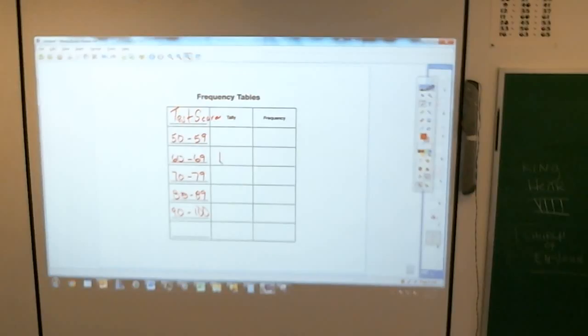Okay. I believe there are 2, 4, 6, 8, 10. There's 20 scores there, so you should end up with 20 tally marks when all is said and done. Hopefully, most people are not in the 50 to 59 range, because that would not be a successful test.